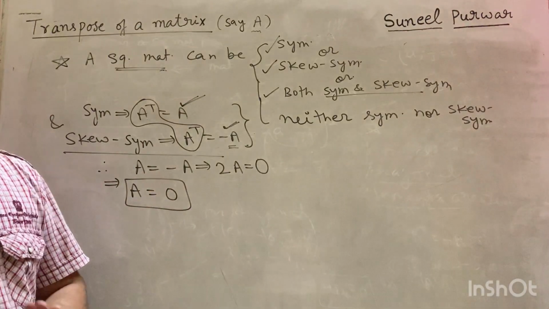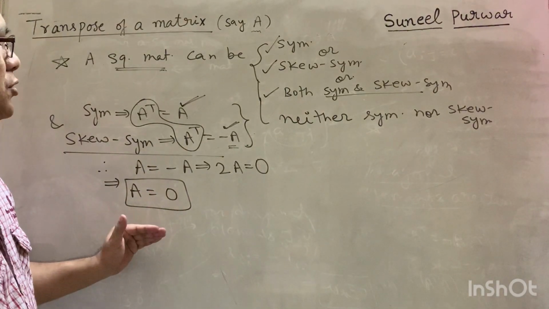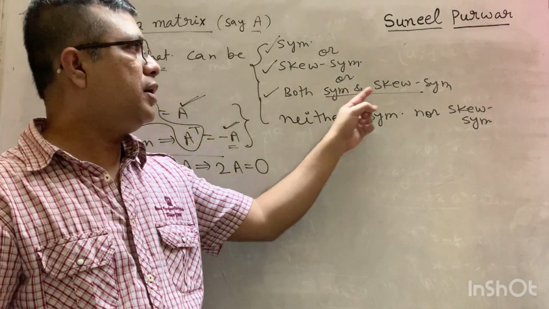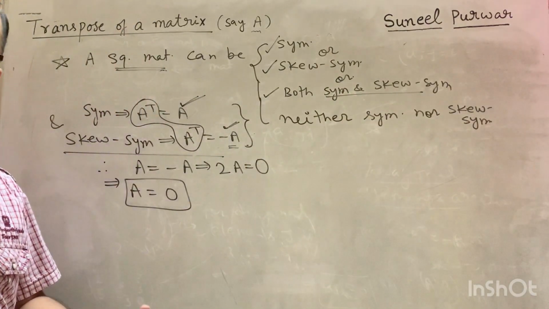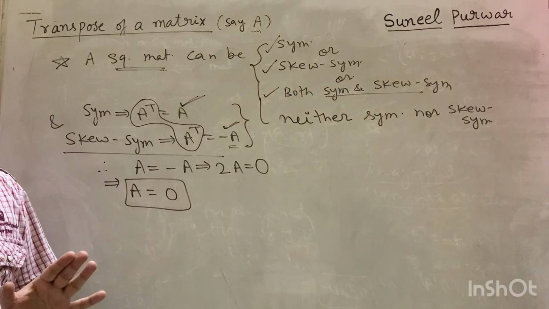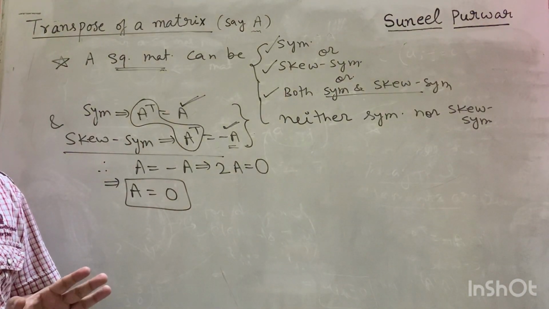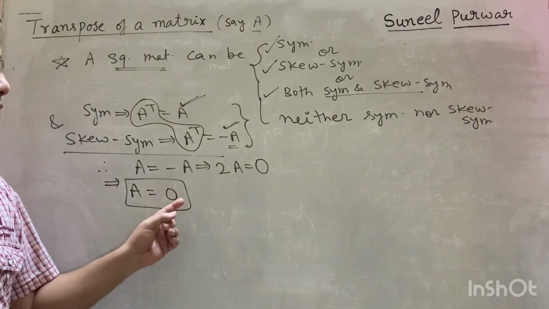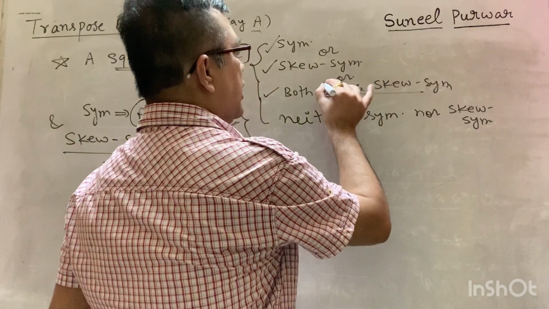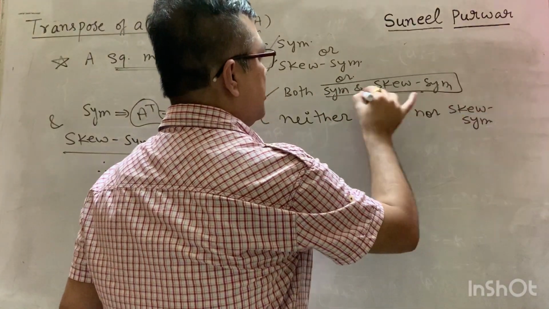So for a square matrix to be both symmetric and skew symmetric, it has to be a null matrix. Null matrix of size n by n, meaning square null matrices, fall under this category. What kind of matrices are both symmetric and skew symmetric?